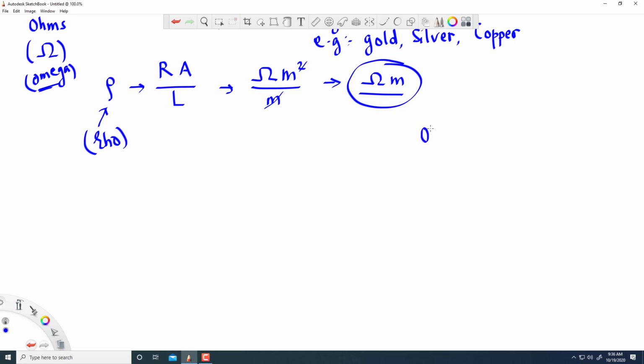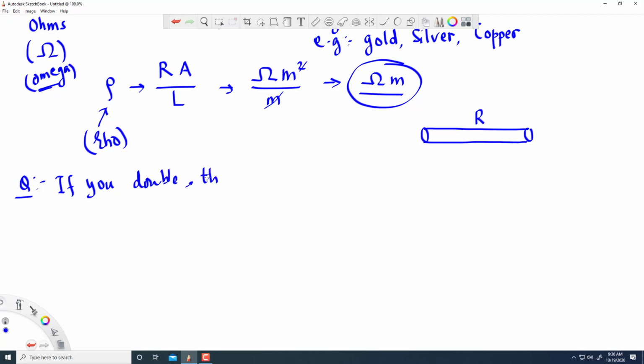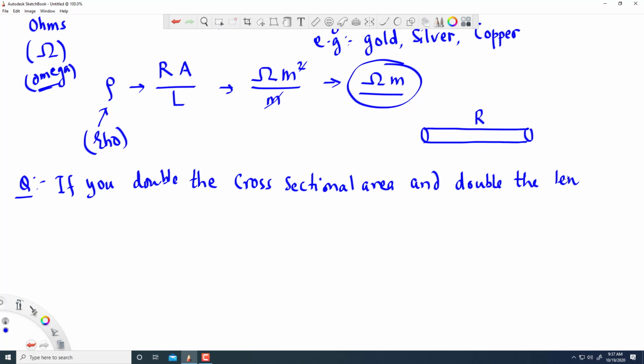So, consider a wire that has resistance R. The question would be, if you double the cross section area, and also double the length, what will be the new resistance, or how will that change the resistance?